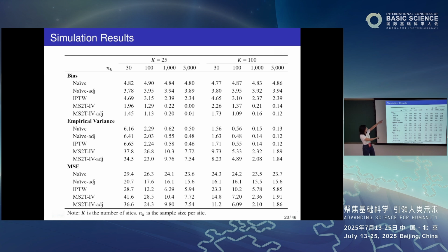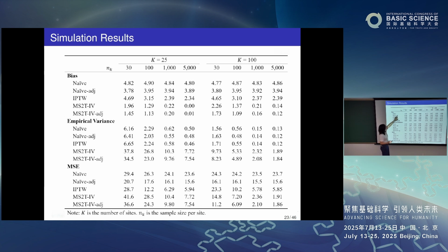So this naive means that we just take the results for the subjects who take a sequence of treatment and compare that with the results for the subjects who take a sequence of control. But as you imagine, there is noncompliance, which causes those two groups to not be comparable, right? So this naive method cannot address that part.